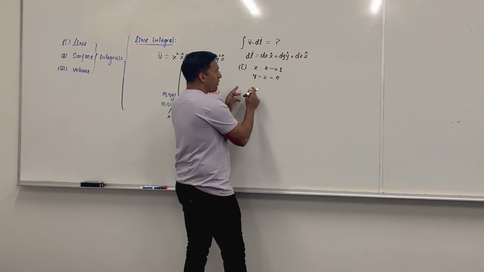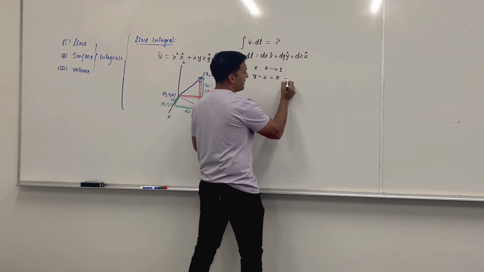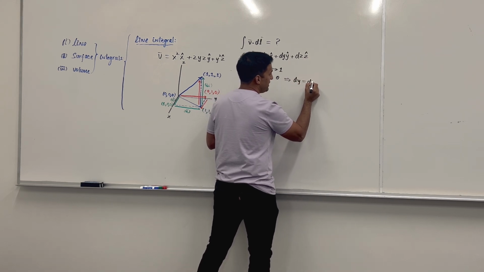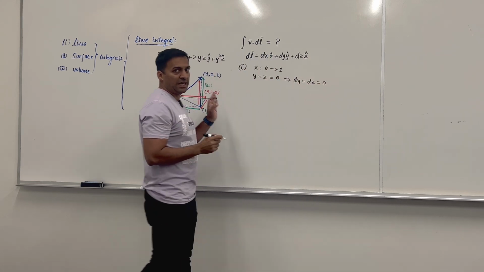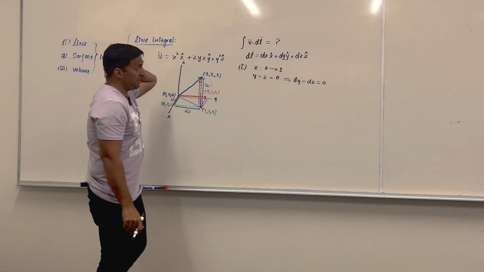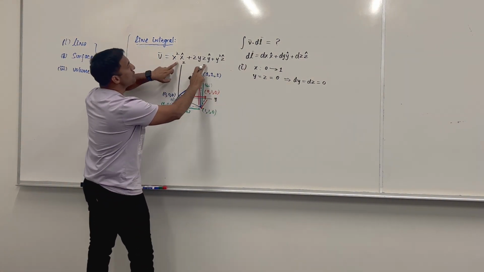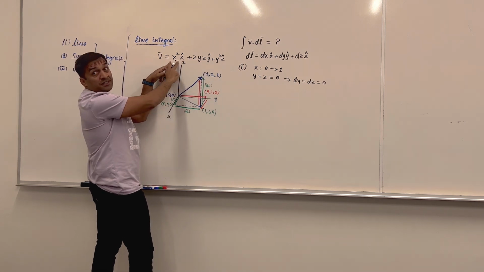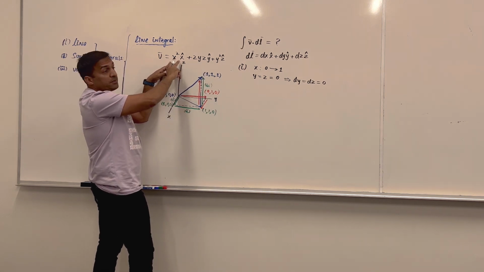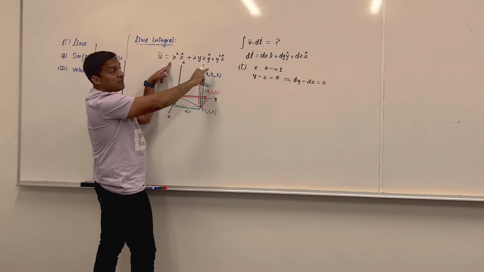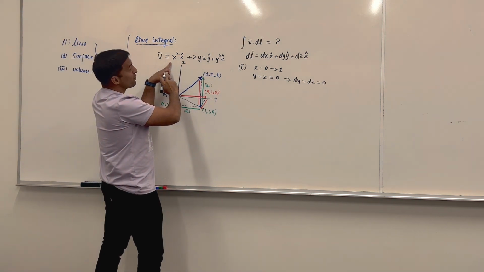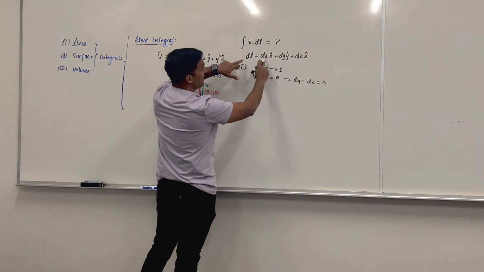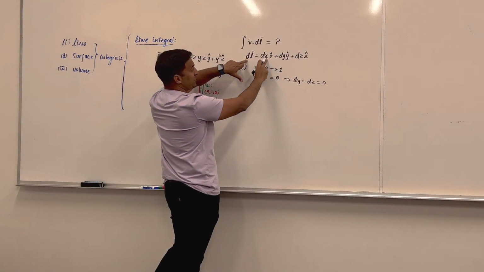From here, we immediately infer that dy should be 0 and dz should be 0. This helps us simplify our formula a lot. For example, if we use y and z equal to 0 in this formula, we are only left with the first term. And if we take dy and dz as 0, then in dl we are only left with this first term.